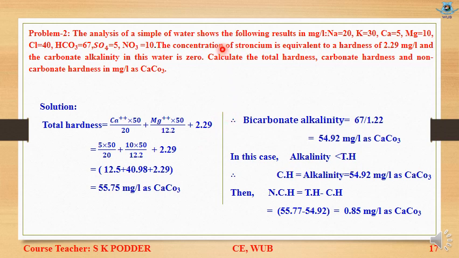We have already discussed it in the previous 2 or 3 slides. Now, in this case, if alkalinity is smaller than total hardness, then carbonate hardness is equal to alkalinity, that is 54.92 milligram per liter as calcium carbonate. Then non-carbonate hardness is equal to total hardness minus carbonate hardness. So you can easily find the non-carbonate hardness as 0.85 milligram per liter as calcium carbonate.